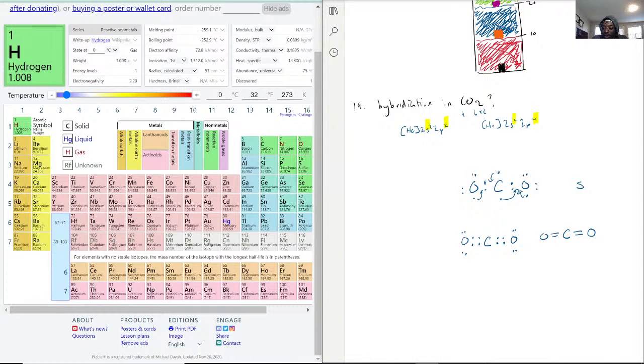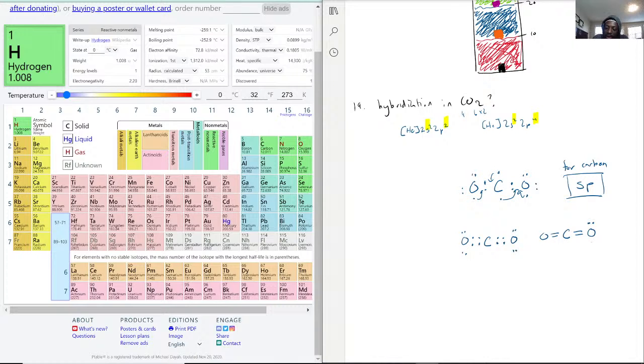S is like the 1, and then you see carbon has 2 double bonds, but these double bonds still count as 1 bond each. So 2 double bonds, meaning there's now S and then P. That would be hybridization for carbon.